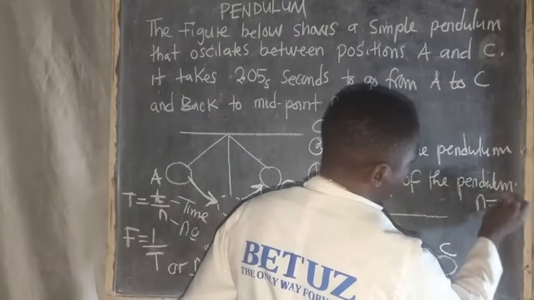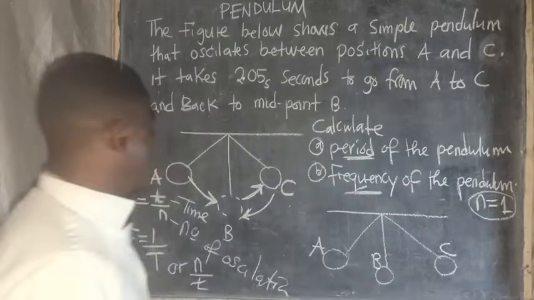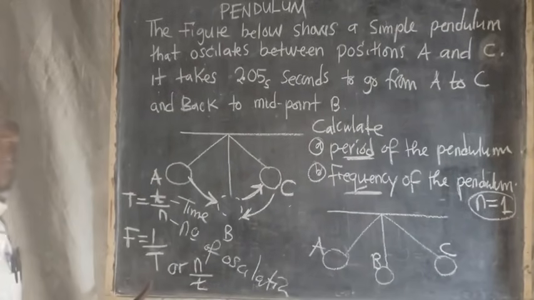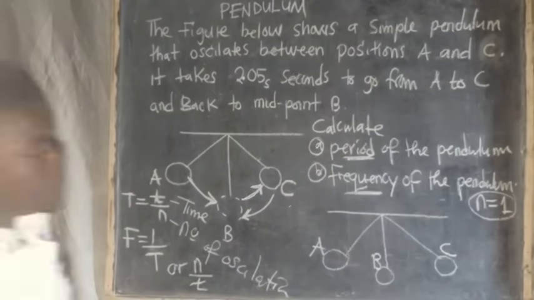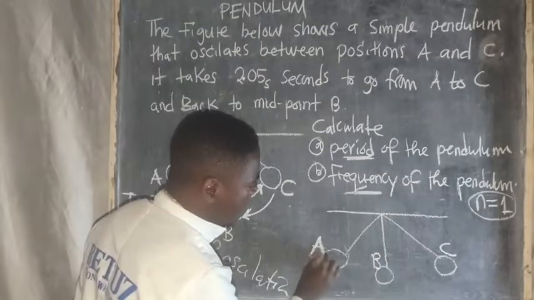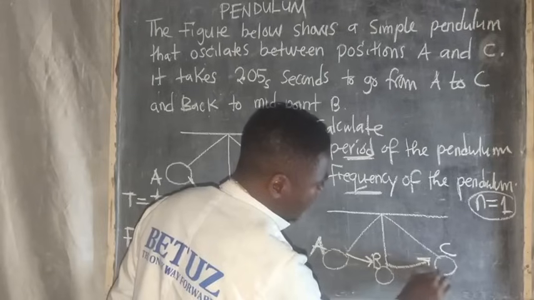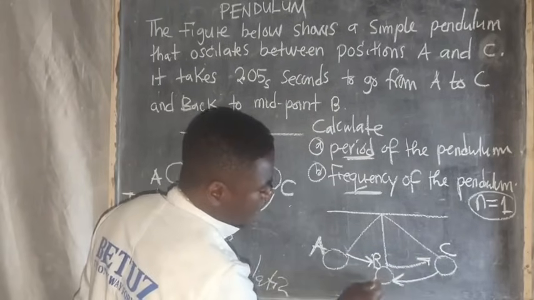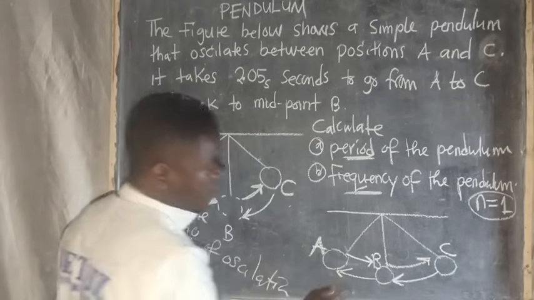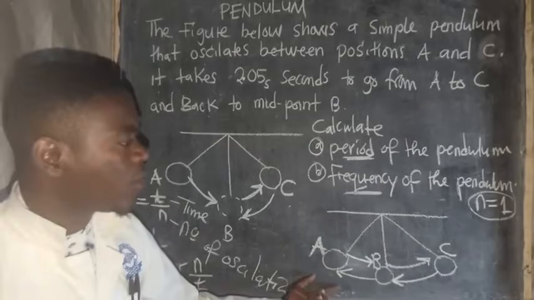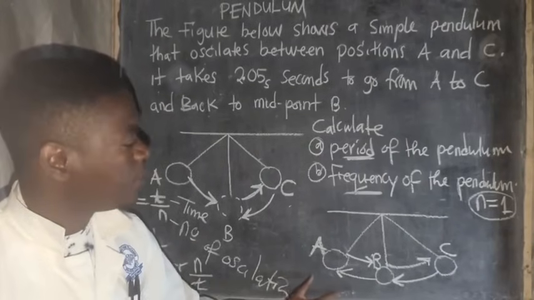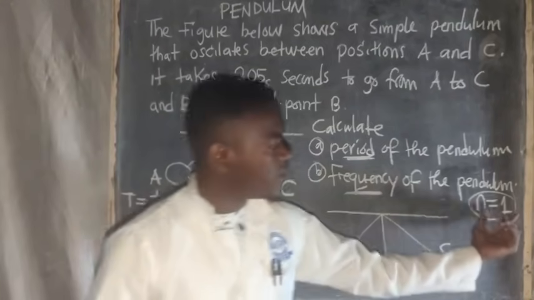Make sure you understand this. If N is equal to 1 in these formulas, it must move from A to B, to C, back to B, and back to A. So this is a complete oscillation, meaning that N is 1.